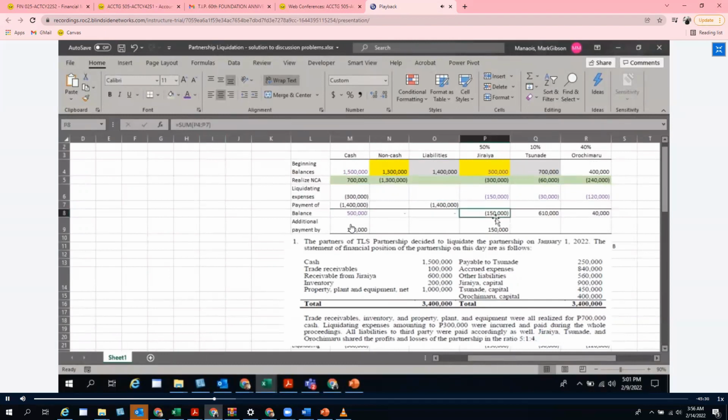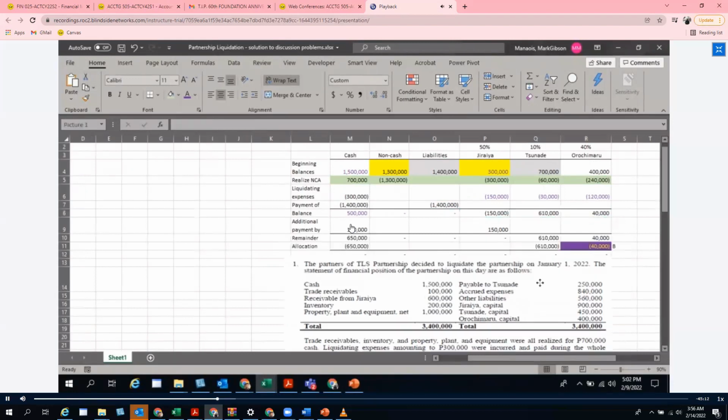So the partners capital after realization of non-cash assets and paying the liquidating expenses and also payment to third-party liabilities would be as follows, no? So minus 150,000 kay Jairaya, 610,000 pesos kay Tsunade, and then kay Orochimaru, 40,000 pesos.